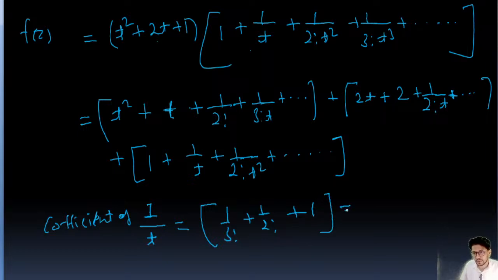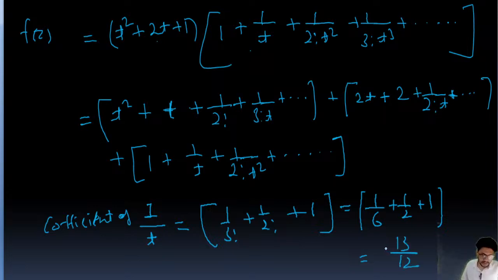We'll add it: 3 factorial is 6, so this is 1 upon 6 plus 1 upon 2 plus 1, right? So this value is going to be 13 by 6, my apology, 13 by 6. Okay, this is the answer, 13 by 6.